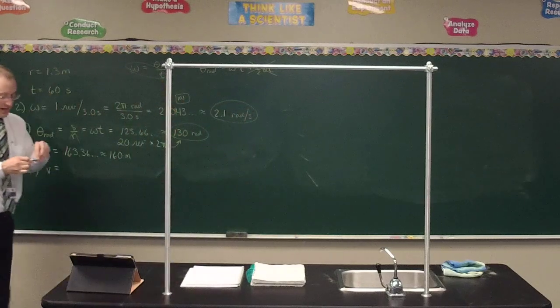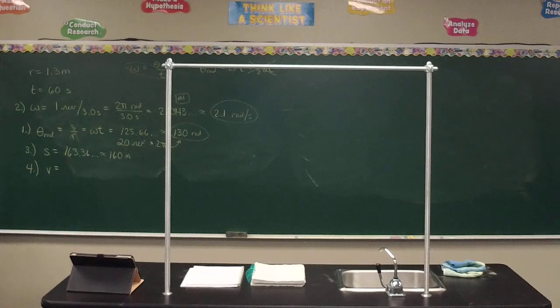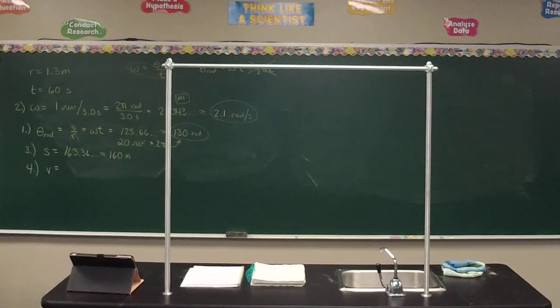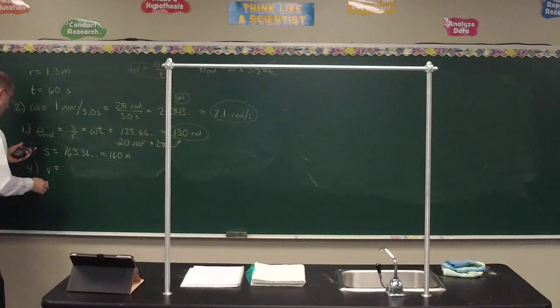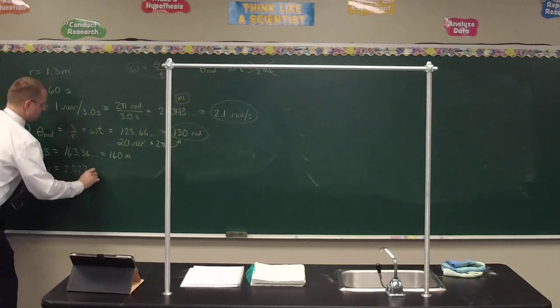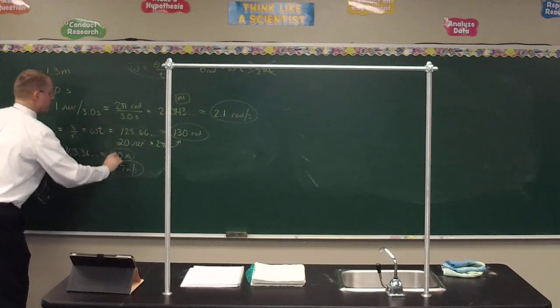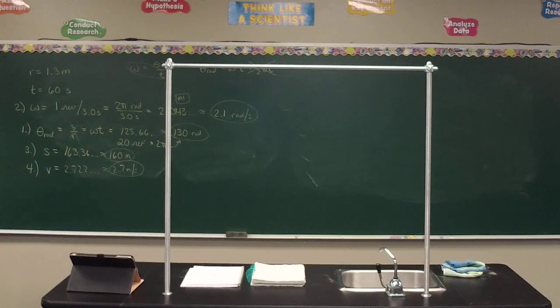Multiply that by the radius. And how fast is he actually moving? 3.5? Ooh, that's not what I got. 2.7. Remember, you're multiplying by 1.3, so this memory value times 1.3. I got 2.722, rounded off, 2.7 meters per second, which is a slow walking rate. So he's not actually going that fast forward, but the spin is what's causing the dizziness.